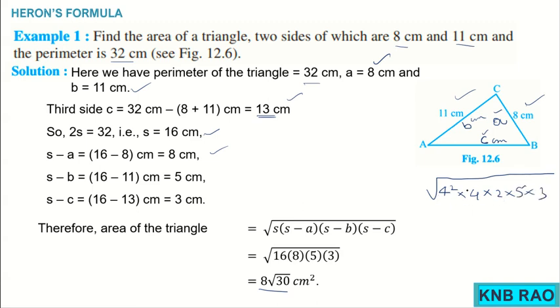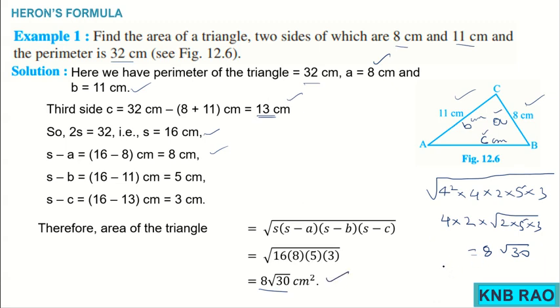Here root 4 square gives 4 out, this root 4 gives 2 out, and inside the root we have 2 into 5 into 3, that only gives you root 30. This 8 is because of 4 2s. So that's how this 8 root 30 centimeter square comes.